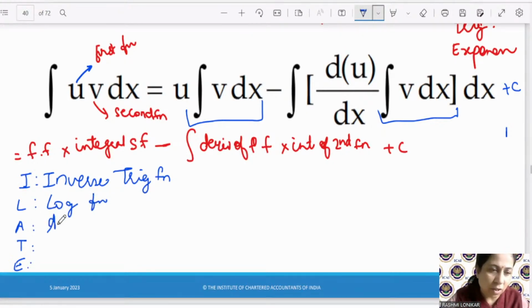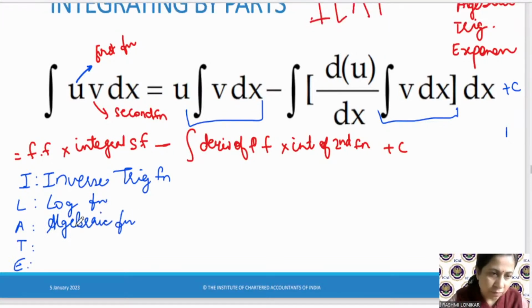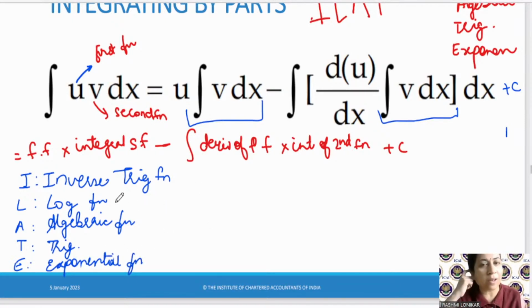A stands for algebraic functions. T stands for trigonometric functions. And E stands for exponential functions. Now, since we don't have trigonometry, what I have to remember is LAE.